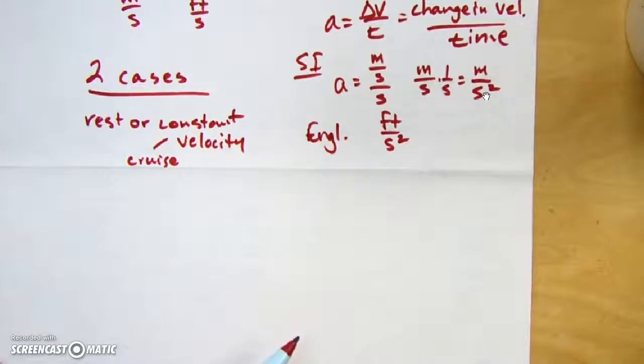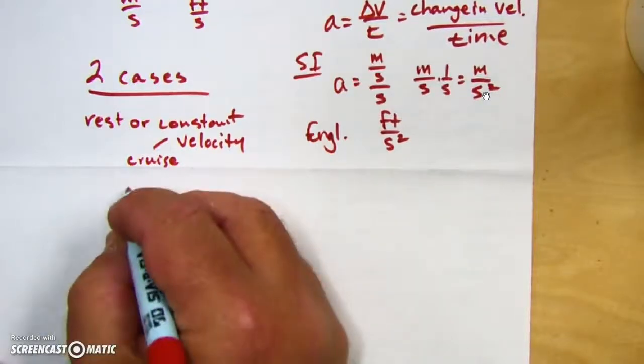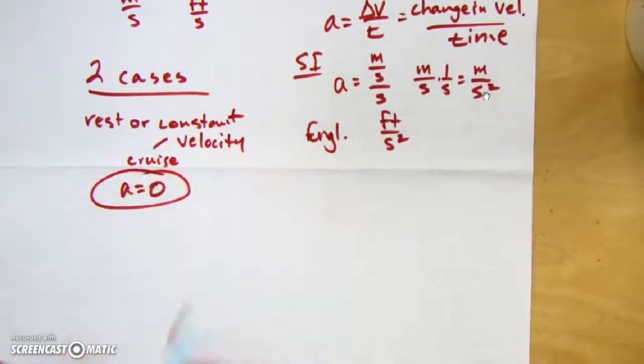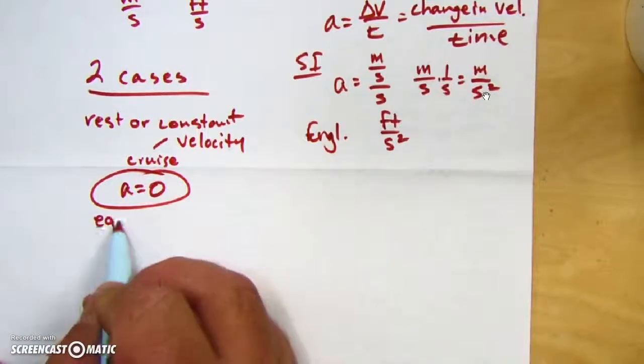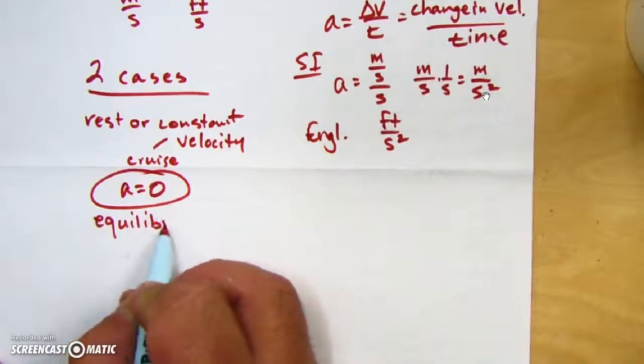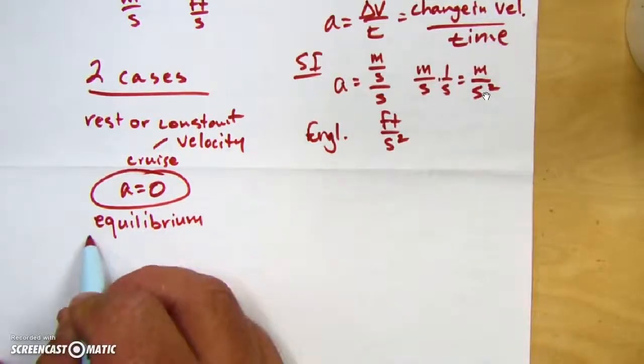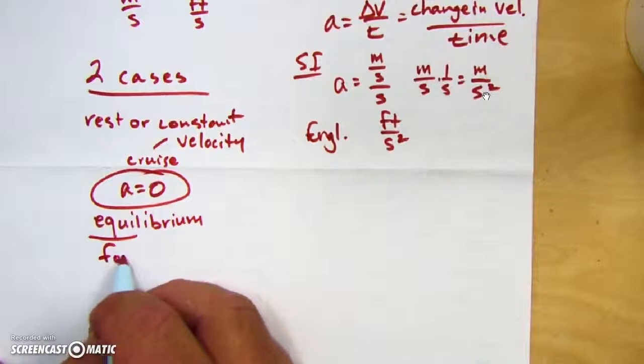Or if you're pedaling your bike at a constant speed or driving a car at a constant speed, even without cruise control, you can still have constant velocity. In that case, a is equal to 0. And the key thing to realize then is the object is in equilibrium, which is a fancy word for saying the forces are equal.